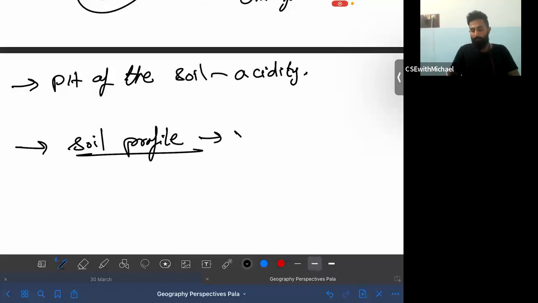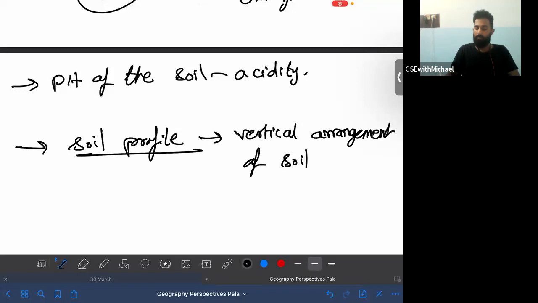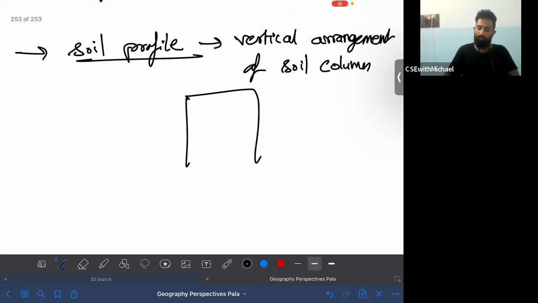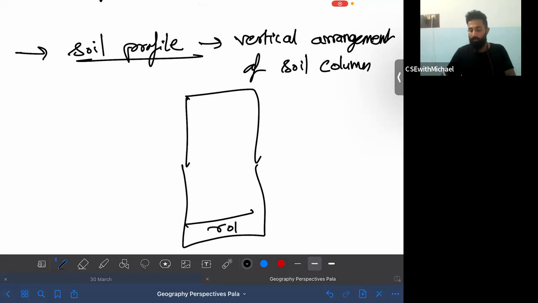Soil profile refers to the vertical arrangement of the soil column. We'll come to this later after writing all those things. So this is the rock structure, the underlying rock, or the non-weathered rock, as you may call it.